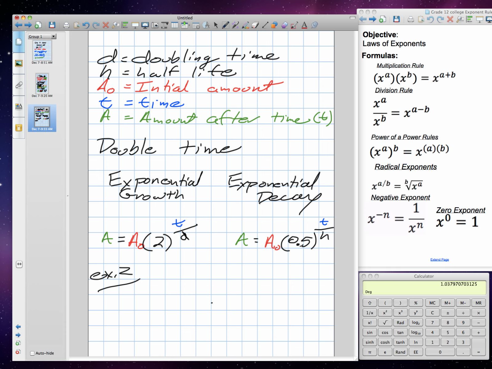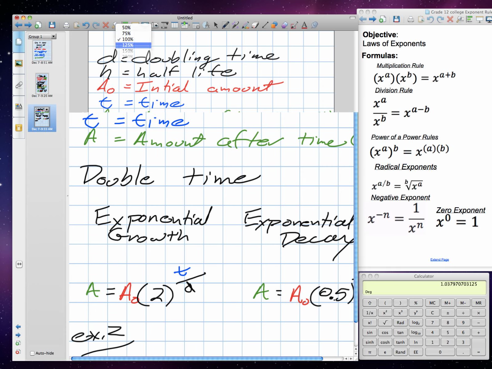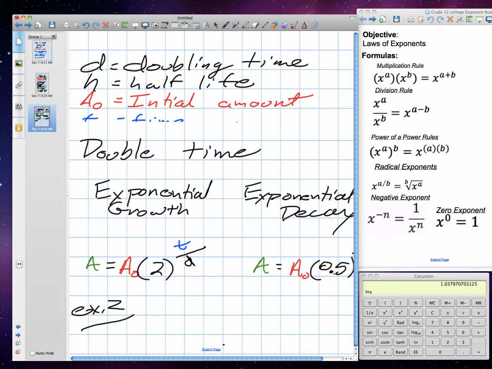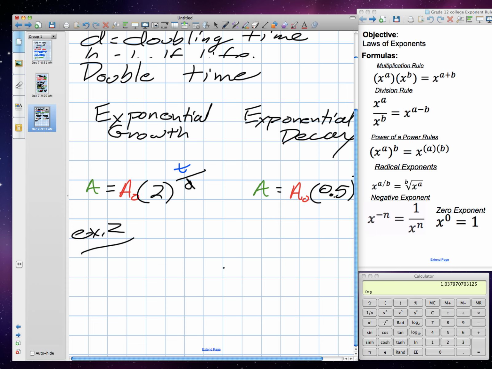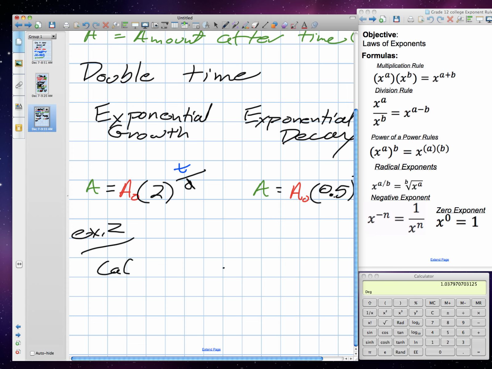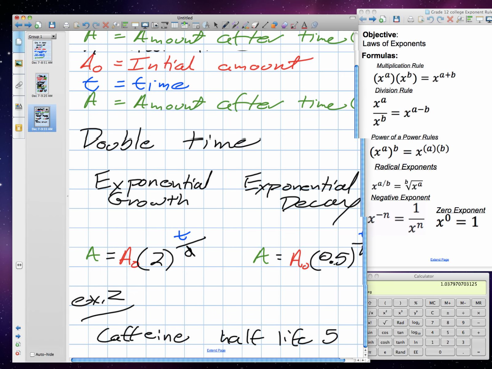So, they said that caffeine has a half-life of 5 hours. That means, yeah, we're going to have exponential decay. Caffeine half-life is 5 hours. Let's extend this a little. There we go.